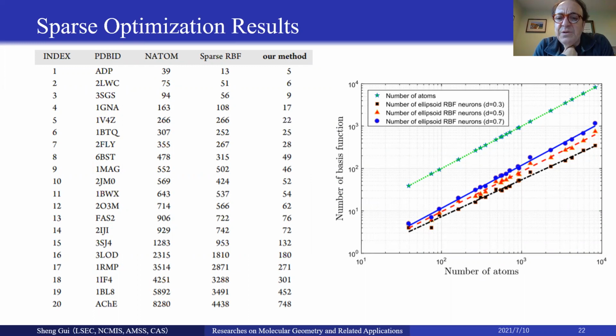The blue curve is already an order of magnitude fewer ellipsoids, and then they have this parameter D that they change, and they can go down almost 2 orders of magnitude less than the number of atoms. So that's like one snapshot. You freeze the molecular structure, one snapshot, and I think that's it. Okay, thank you.